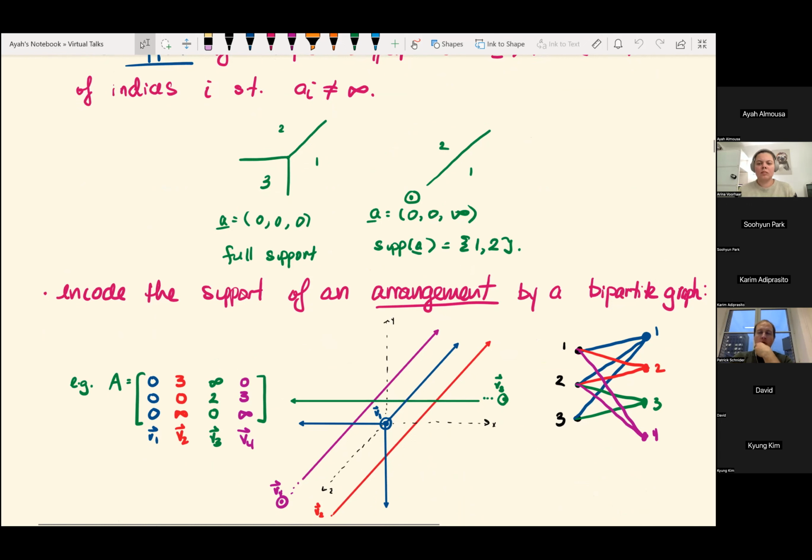I indicate the support by connecting the vertex corresponding to that hyperplane to the ones corresponding to its support. So 1 has full support, so it's degree 3. 2 has support 1 and 2. 3 has support 2 and 3, and so on. So I can encode the support by this bipartite graph.